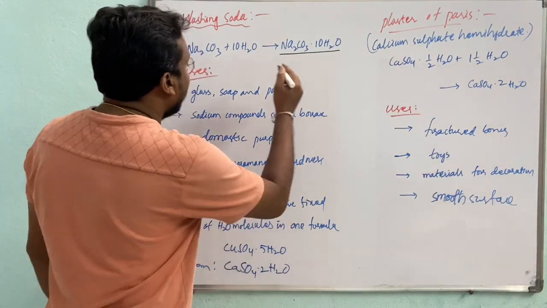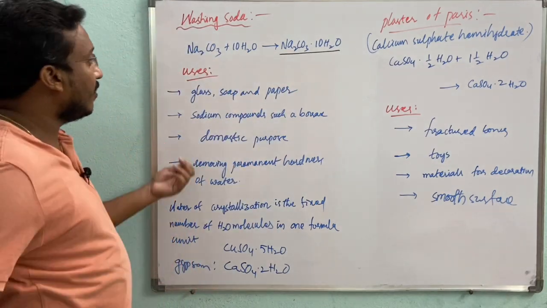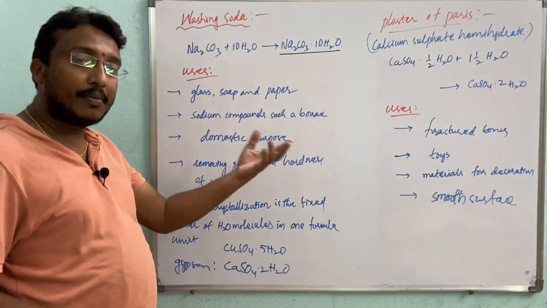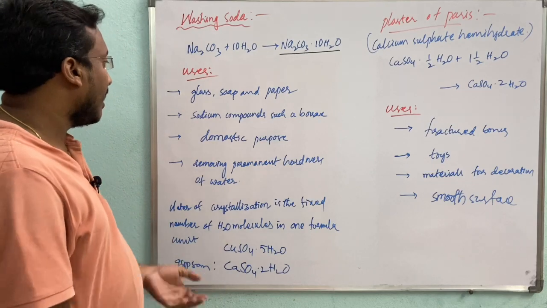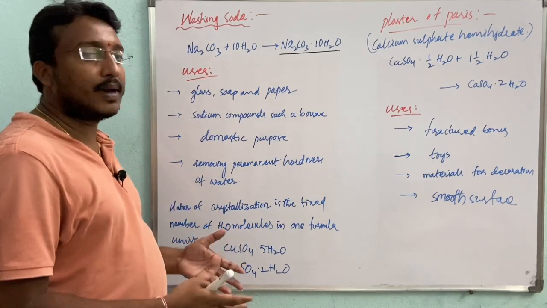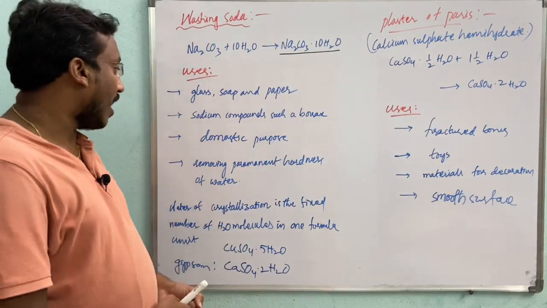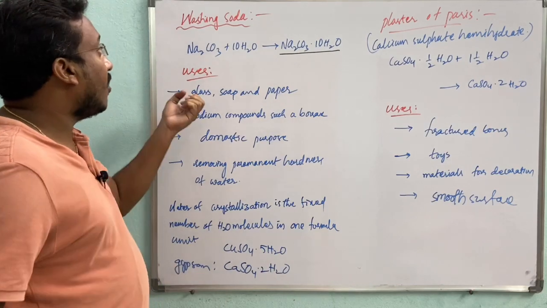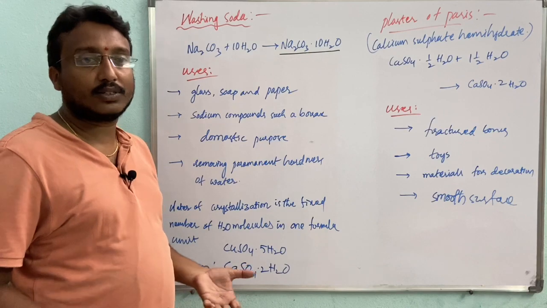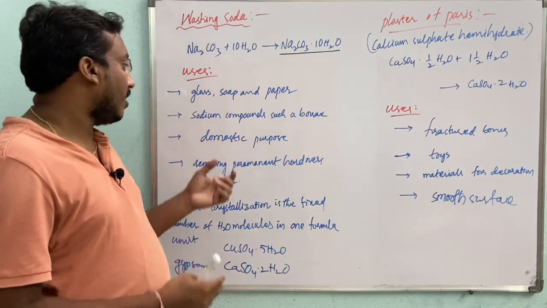Okay, and then uses of washing soda. We use it in glass, soap and paper industries. As well as we use it to prepare sodium compounds such as borax powders, and we use washing soda for domestic purposes to clean clothes and to clean the items which are present in our houses.